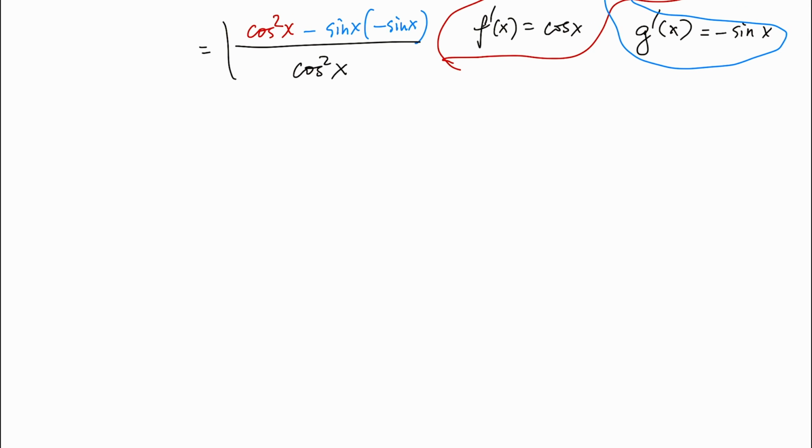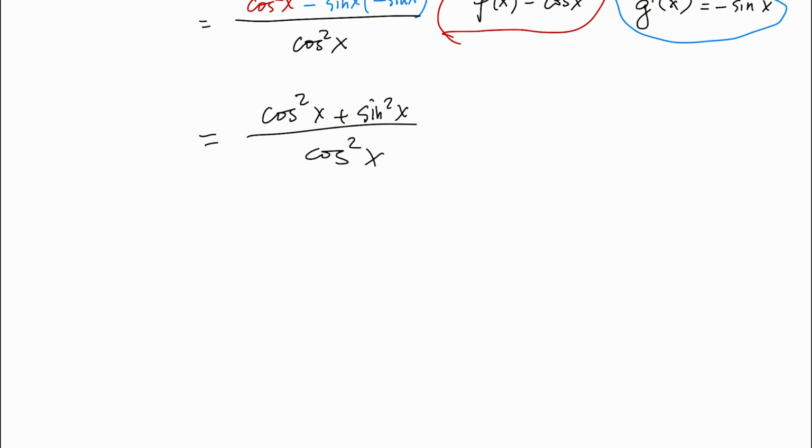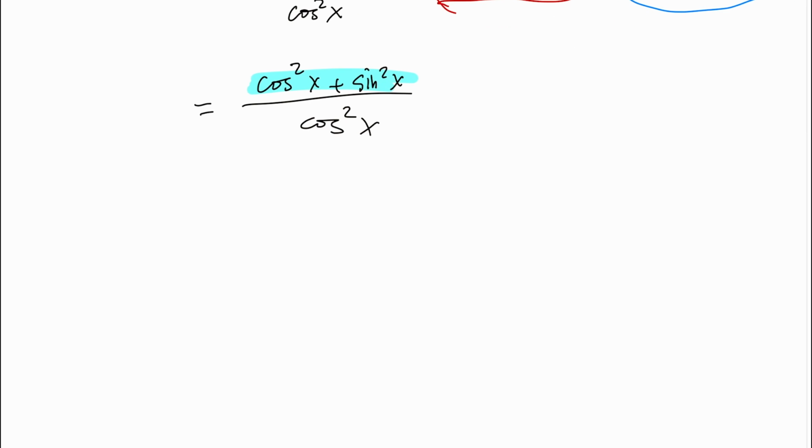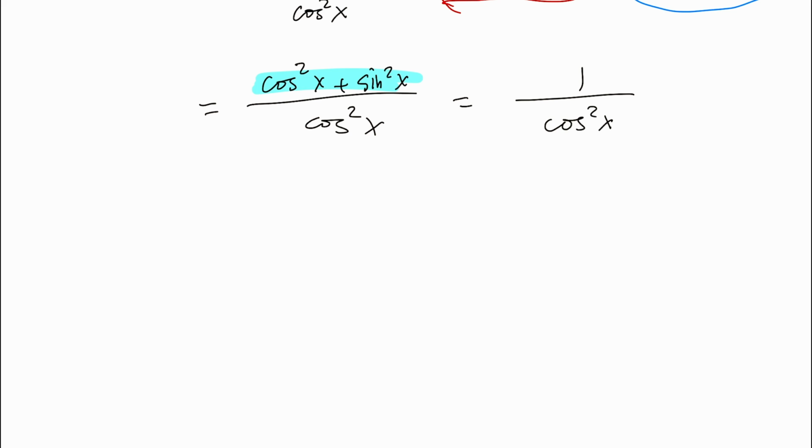Do not say, oh, we have cosine of x, we can just cancel it, because it will actually be a lot nicer if you don't do that. If you just continue, that will be cosine squared of x plus sine squared of x over cosine squared of x, and this thing is just equal to 1. So what we have is simply 1 over cosine squared of x.